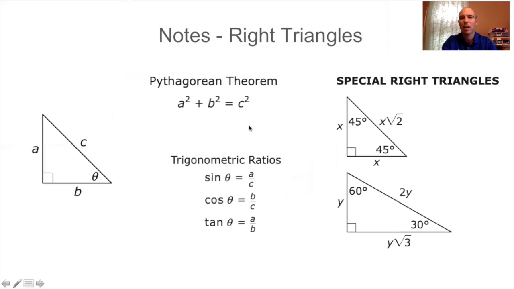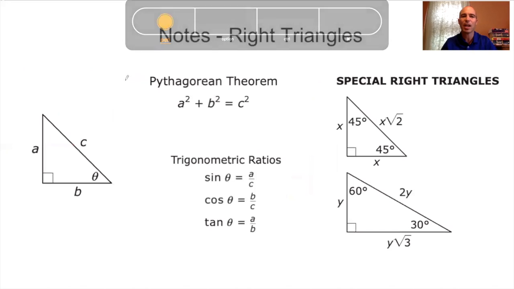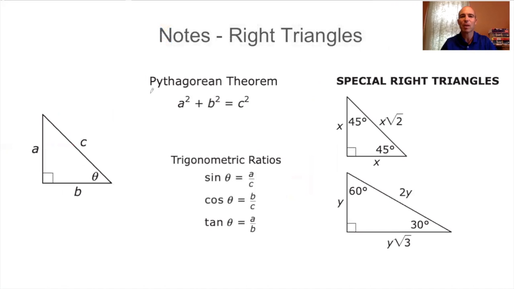Before we see some problems, all of this is kind of the family of right triangles. Plan A, if you can solve using the Pythagorean theorem. I guess you could say special right triangles could be your plan A too, but that's kind of a special case.